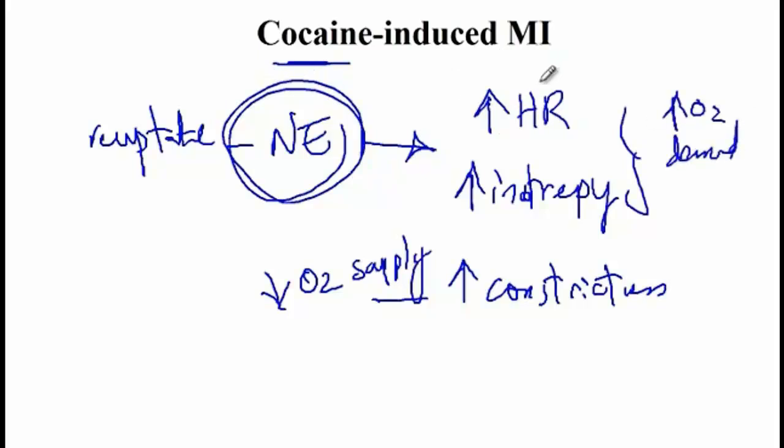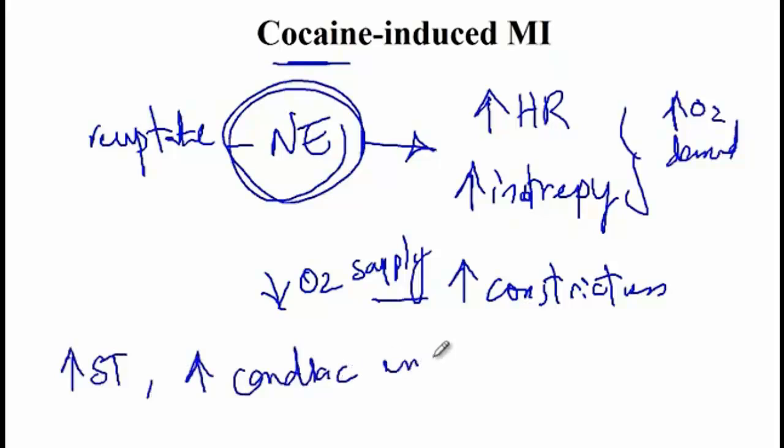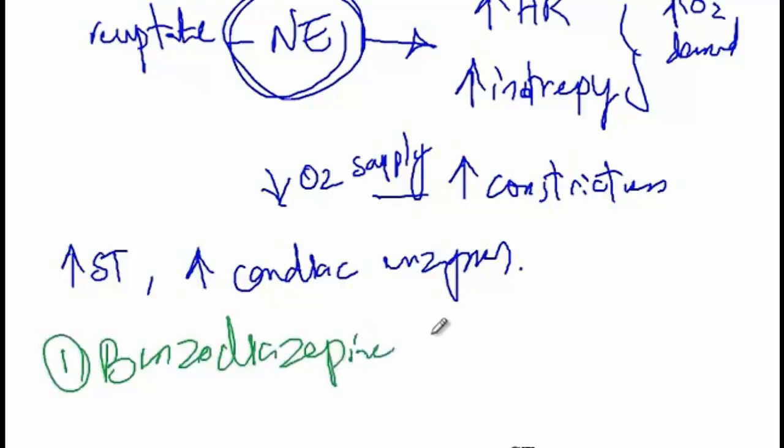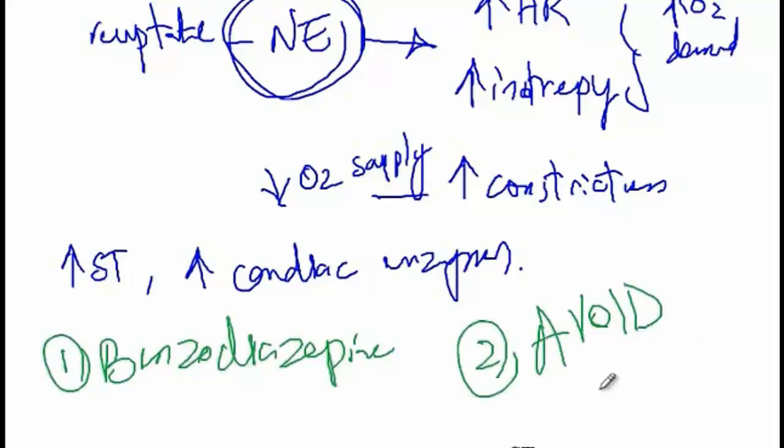So these patients are at increased risk of developing myocardial infarction, which presents with ST segment elevation and elevated cardiac enzymes. For the treatment of these patients, you can provide them with benzodiazepine to alleviate the symptoms, and you must also avoid beta blockers.